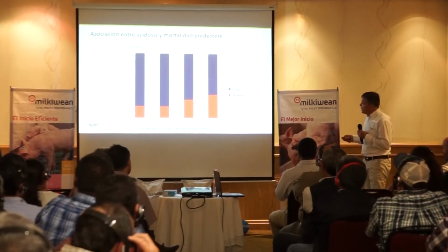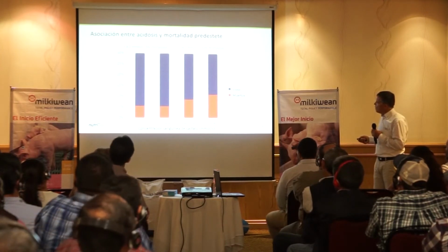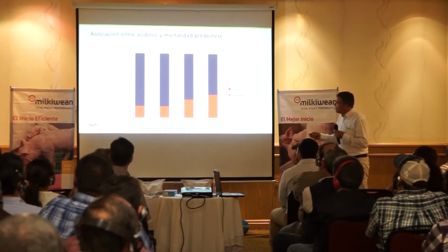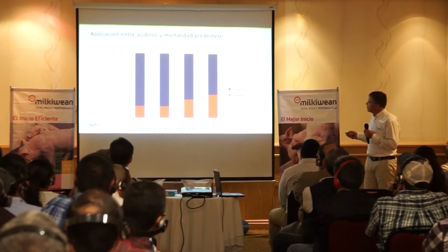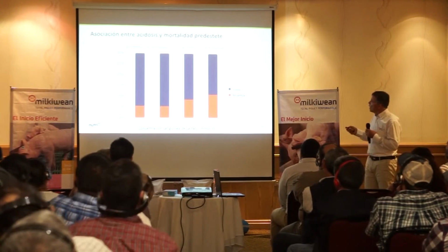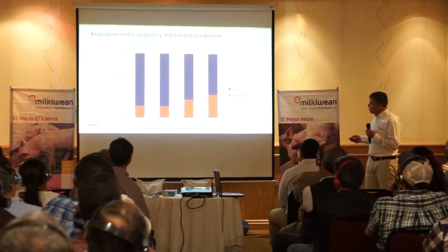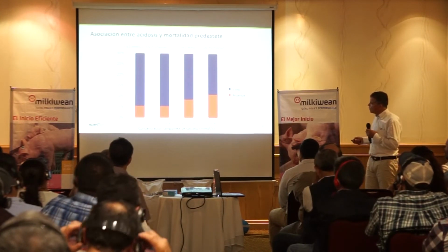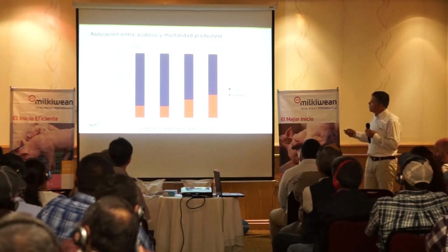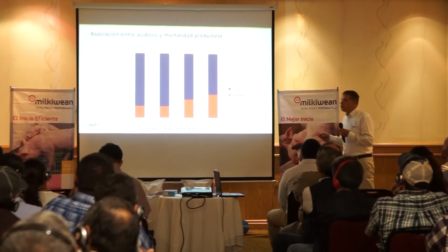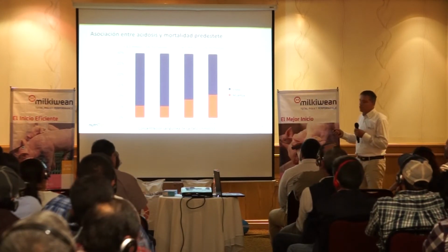When we put these lactate levels here, together with the mortality rate, the survival rate of the piglets, so the piglets that were born alive, you see that when the lactate level is less than 4.5, the mortality rate is 5%, but when the lactate level goes above 4.5, the mortality increases to 10%.